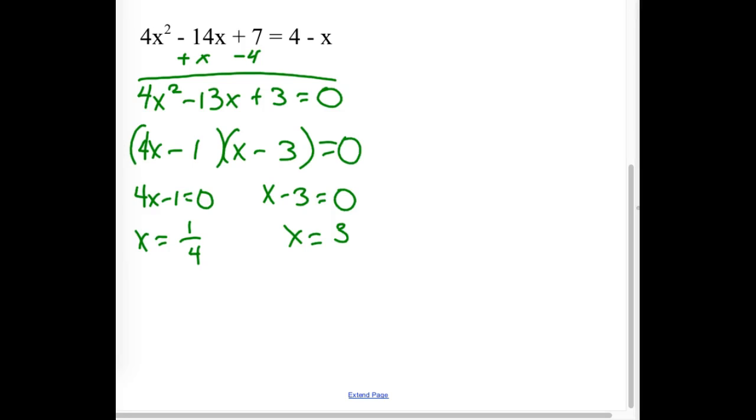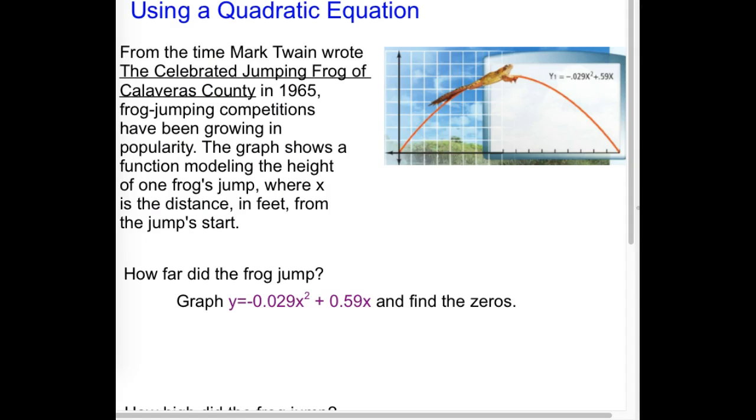All right. Our last question. It says, from the time Mark Twain wrote The Celebrated Jumping Frog of Calaveras County in 1965, frog jumping competitions have been growing in popularity. The graph shows the function modeling the height of one frog's jump, where x is the distance in feet from the jump's start.